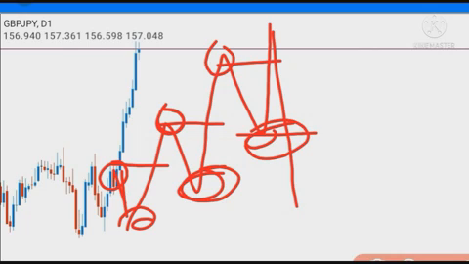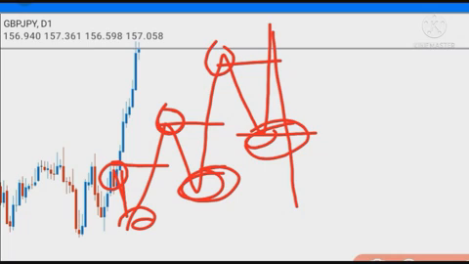Once you see price break the most recent structure in the opposite direction, it signals a potential change in trend. But like we said in our previous video, to confirm a new trend, you need a double break of structure. Now, this is an uptrend.